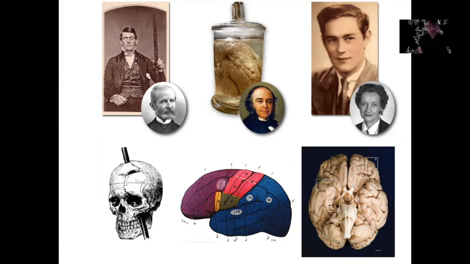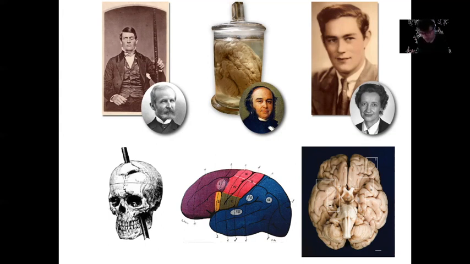And those three cases are behind our beliefs that the medial frontal lobe is key to the estimation of values and the personality, the inferior frontal lobe is the main region for the production of language, and the hippocampus and medial temporal lobe are key structures for episodic memory.